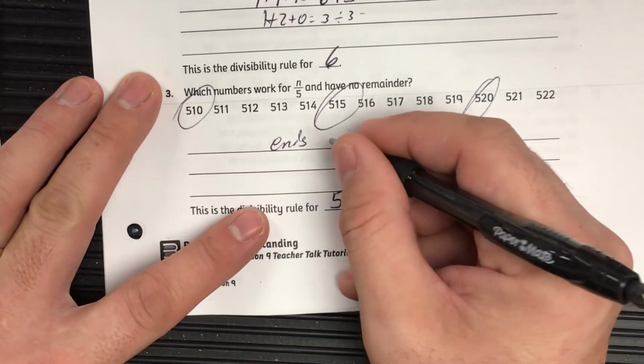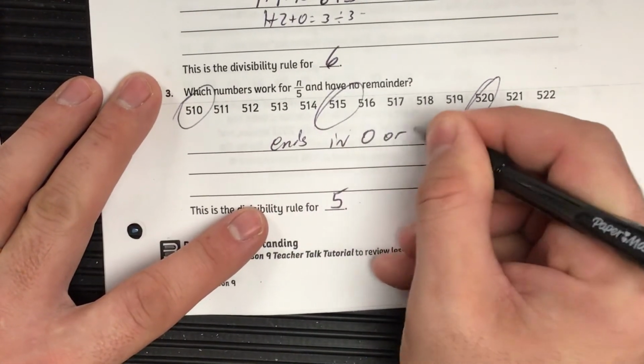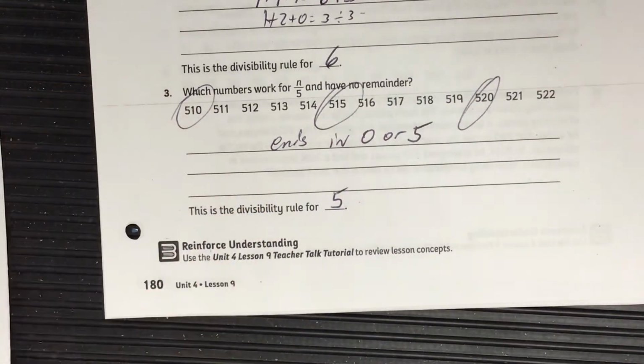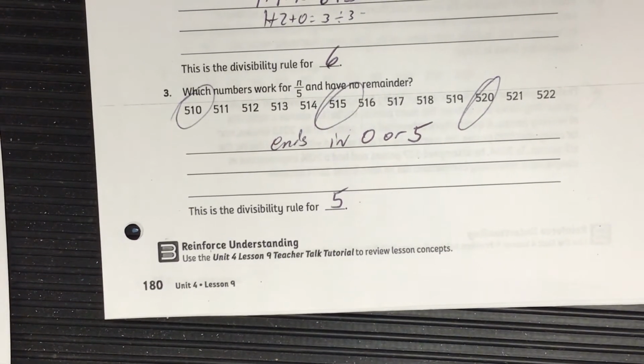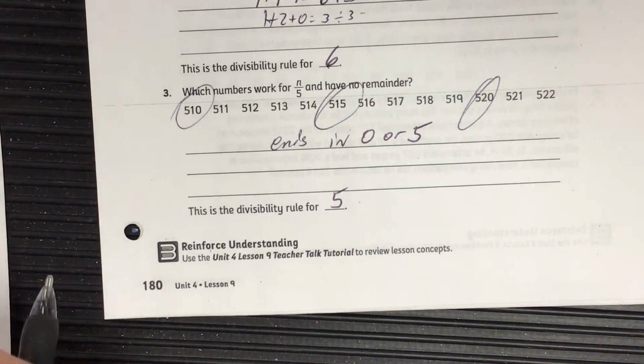Should be 3 of them. Ends in 0 or 5. Again, those rules are going to make it a lot easier for you. Yeah, in your lesson.